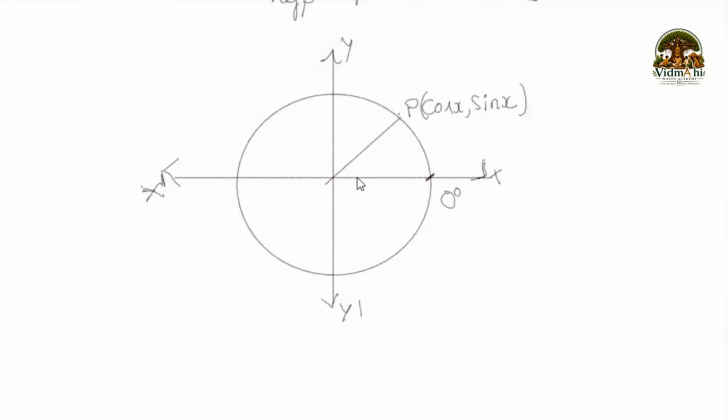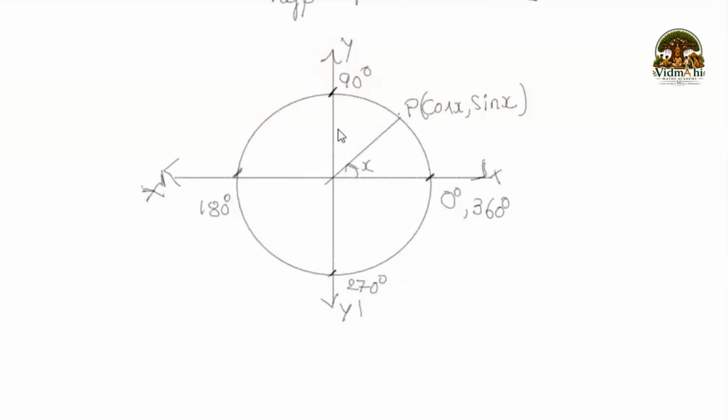Now this is angle x. If the initial ray turns 0 to quarter distance, so that means here to here, at this point what is the angle? 90 degree, and here it is 180 degree, and here it is 270 degree, and again here it is 360 degree.